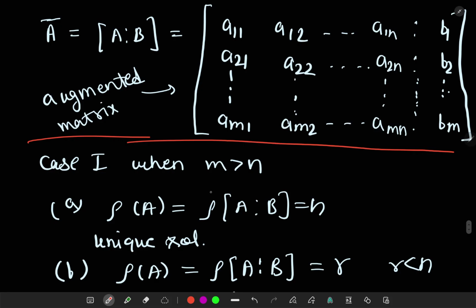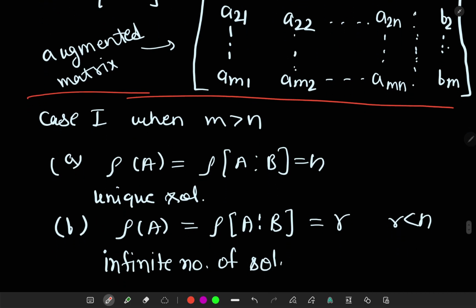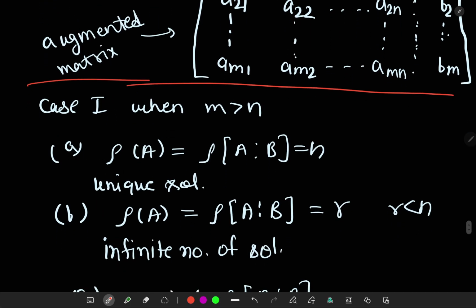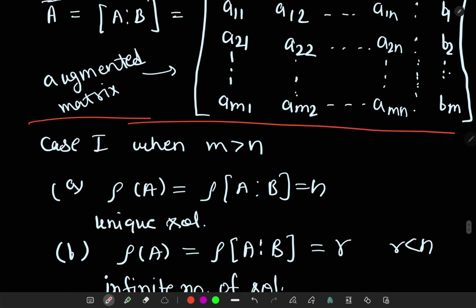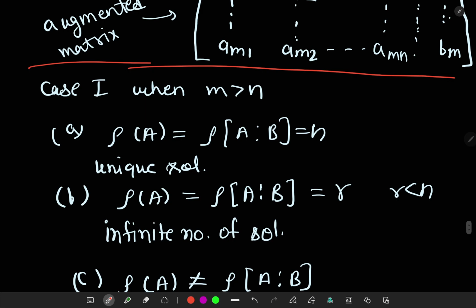Case 1, when m is greater than n: if the rank of A equals the rank of the augmented matrix AB equal to n, the order of the matrix, then the system has a unique solution.